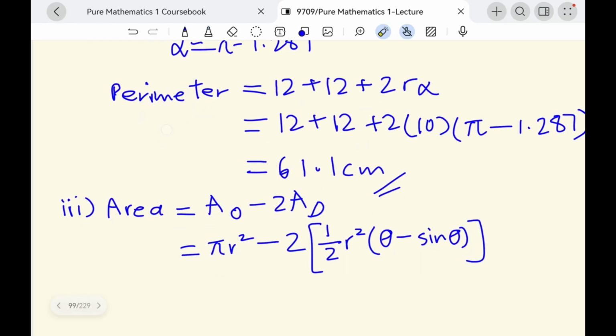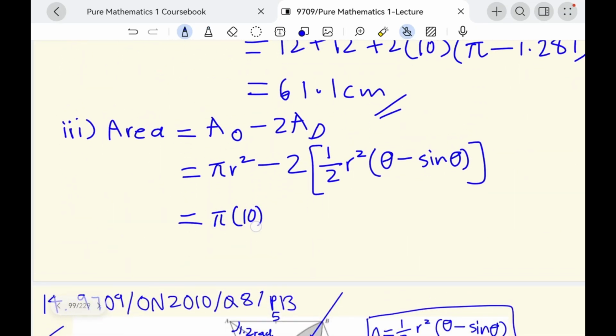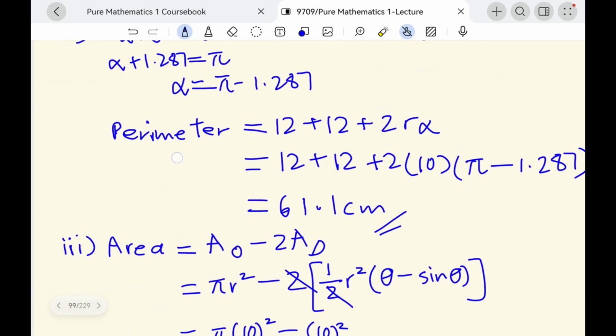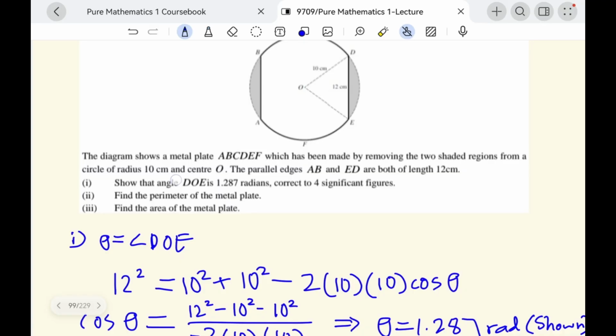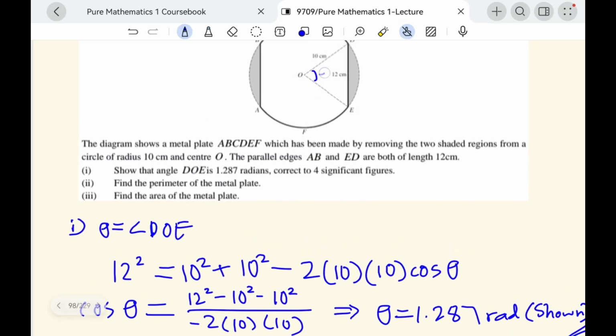Alright, as a reminder again, remember to convert the angle units in your calculator to radians before you perform the calculations for these workings. So the r is 10, and this you may cancel out. And what is your theta, respective to this angle?